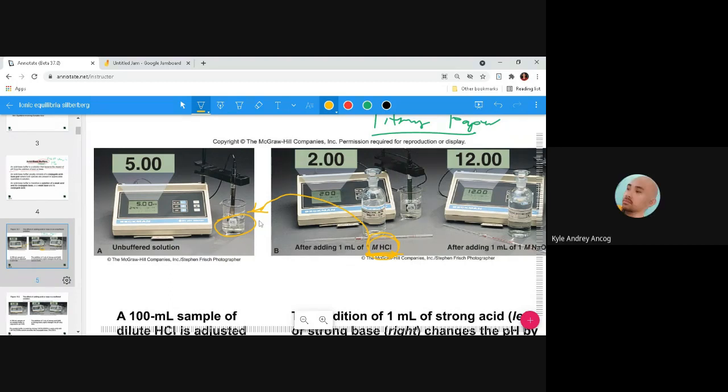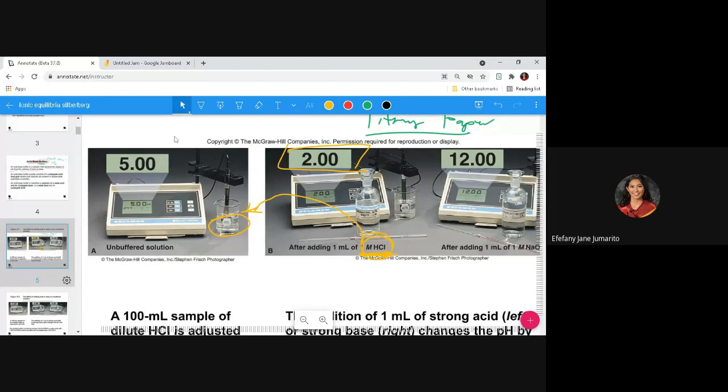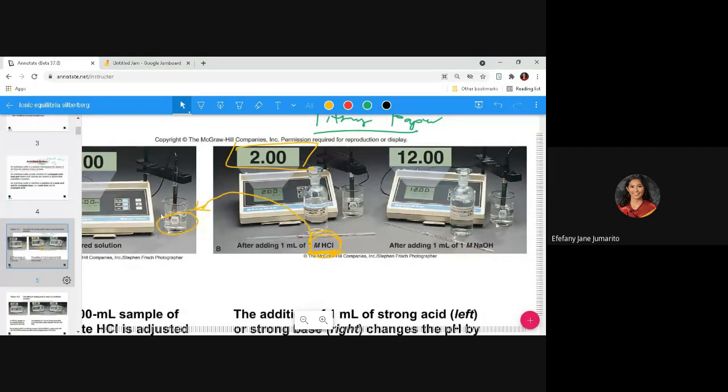The pH will decrease, ma'am. It becomes more acidic, right? Since you added a strong acid, it becomes more acidic. That's why your pH became 2.0. It's more acidic.